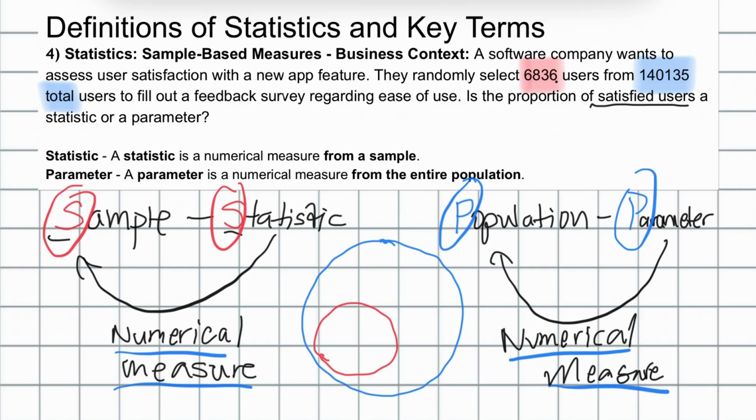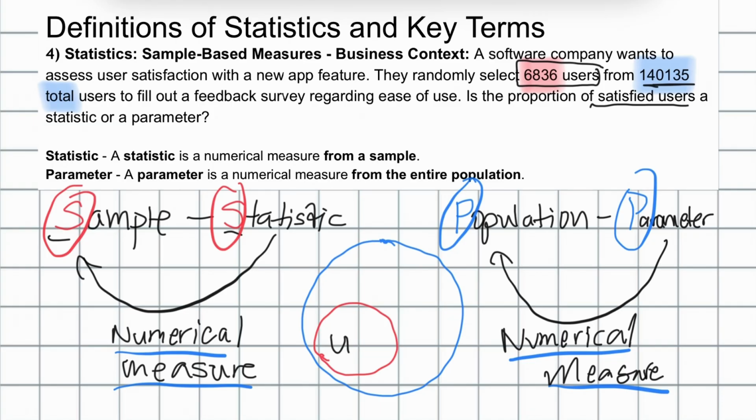They randomly selected 6,836 users from that total, and the satisfied users provide a sample. We are analyzing this out of the whole amount, so we already know we are working with a sample.